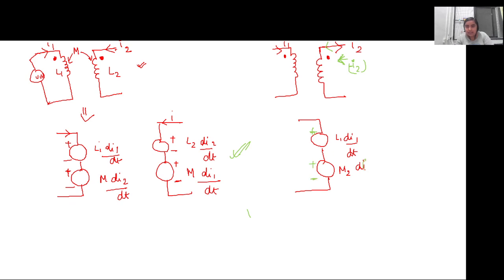However, in this case the current will be minus I2, so minus di2 by dt. This comes out to be minus M di2 by dt. Since the voltage is coming as a negative value, the actual convention is negative on this side, positive on this side, M di2 by dt.